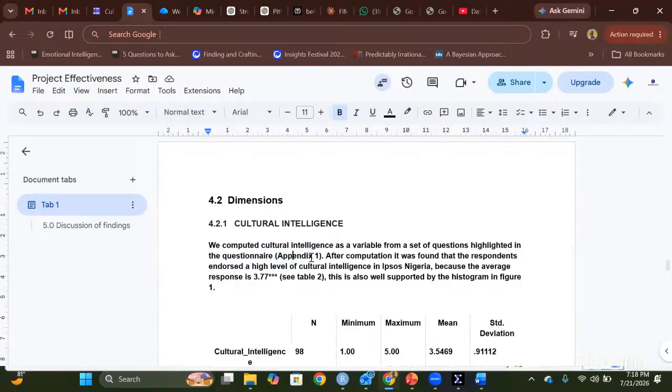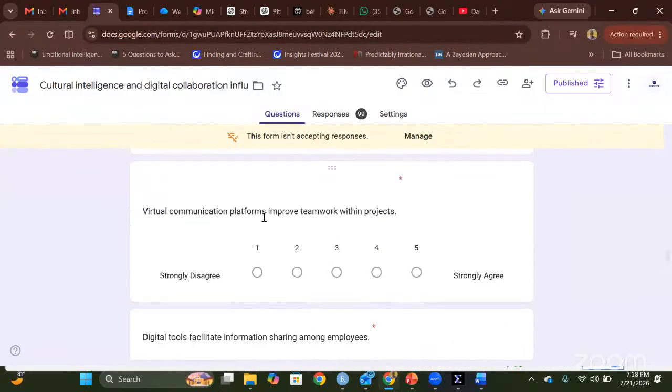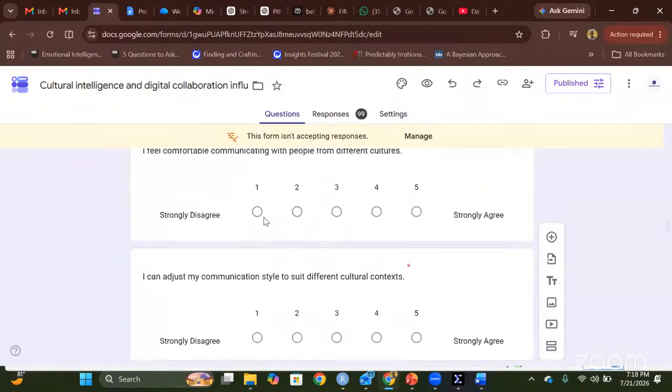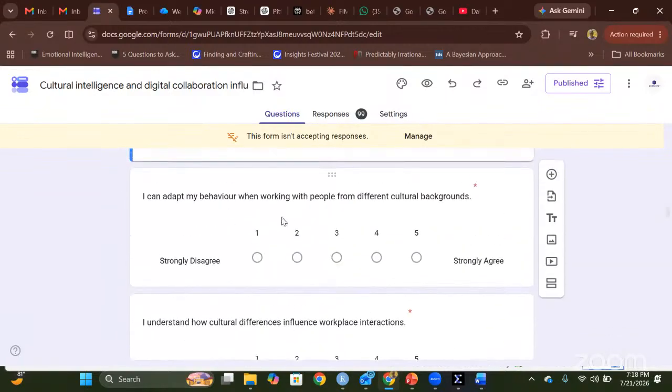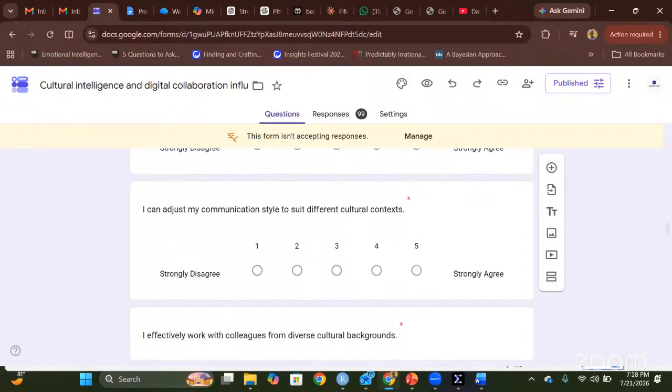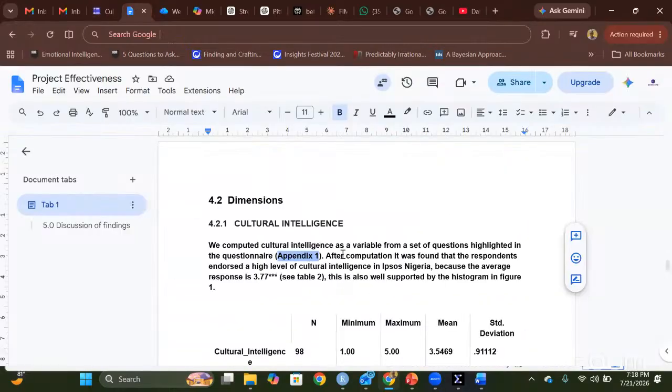So we just say, check appendix 1. Everybody that wants to get the questions will go to appendix 1 and see the questionnaire. The person will be seeing these questions and is able to say, okay, I get that.